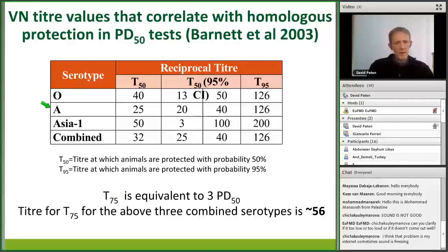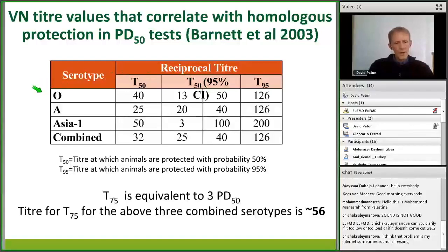Along here are the antibody titers that are associated with a 50% probability of protection or 95% probability of protection, and this is the confidence interval for the 50% protection.